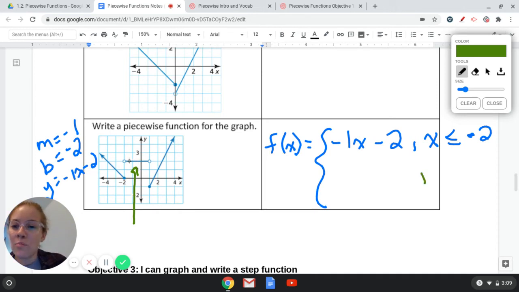And notice both of our circles are empty, which means we're not going to use any equal signs. They're just greater than or less than signs. So we go from -2, so that means -2 is going to be less than x. It's going to be less than 1. So that means x is between -2 and 1.